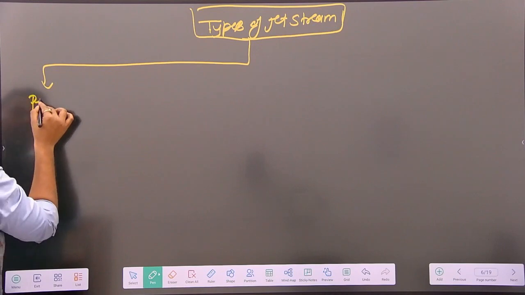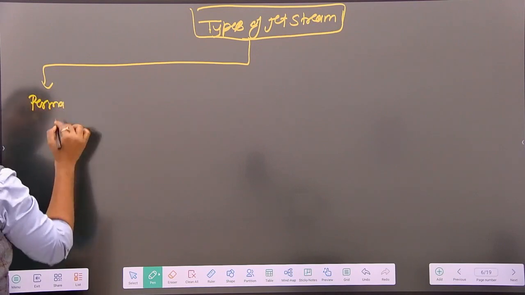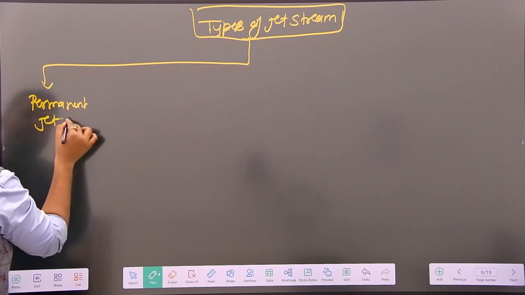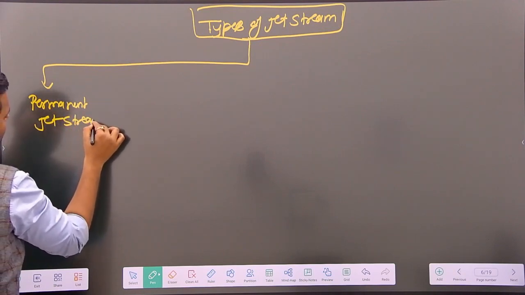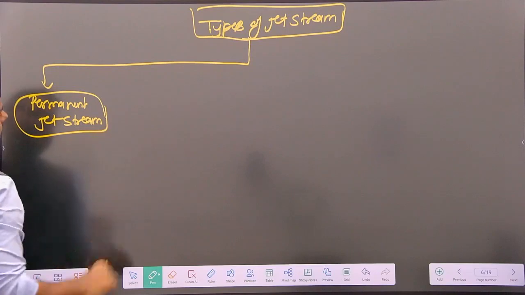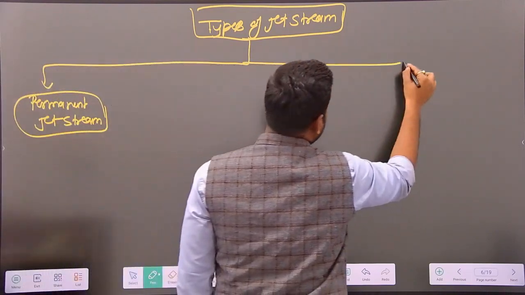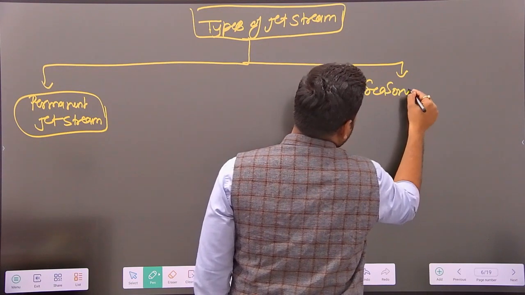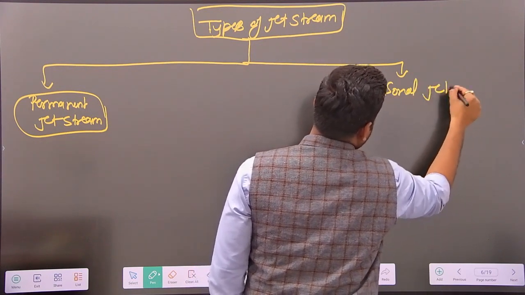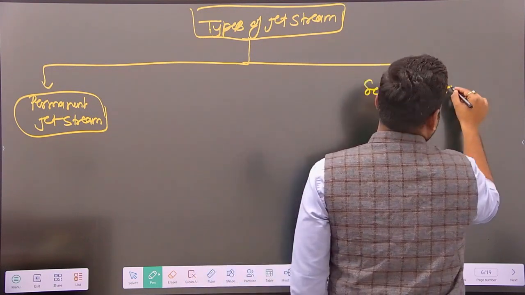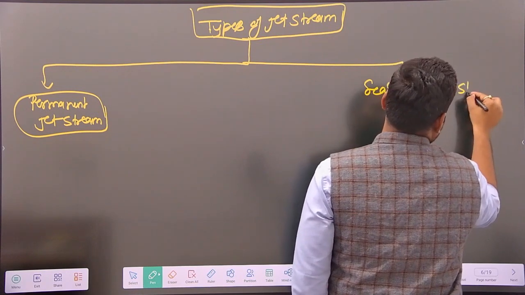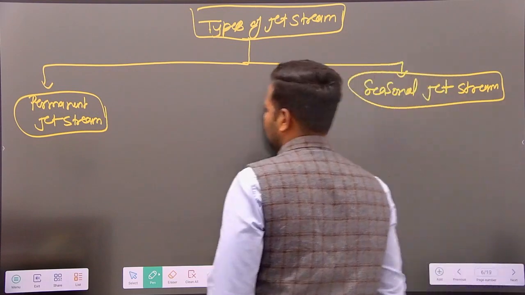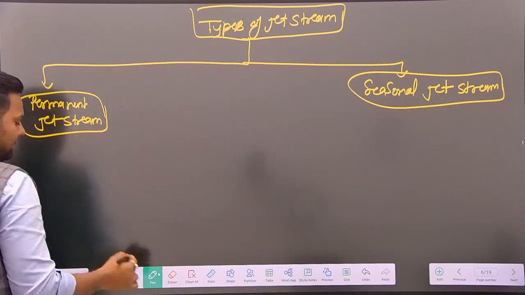One is the permanent jet stream, and the second one is the seasonal jet stream. Why it is called a seasonal jet stream, we will talk about later.